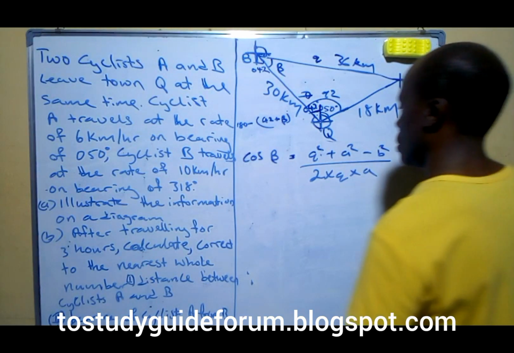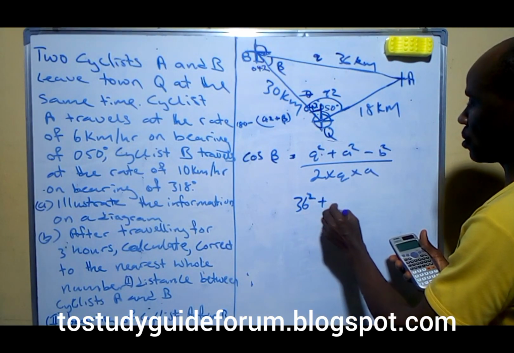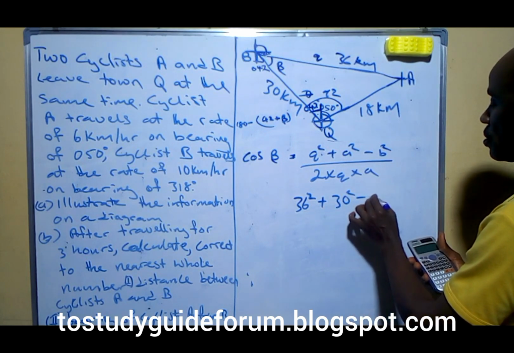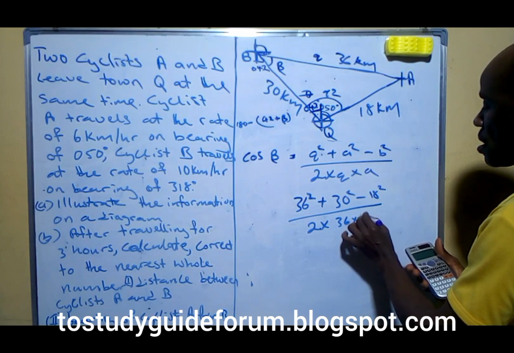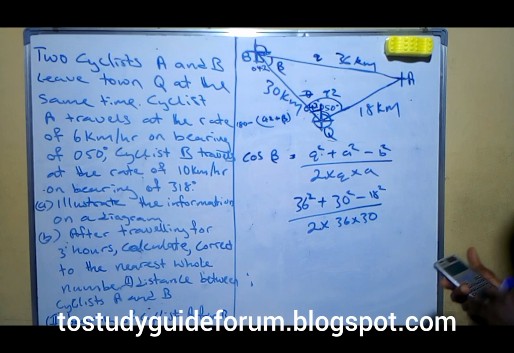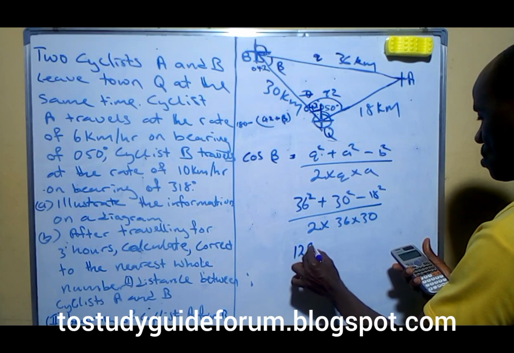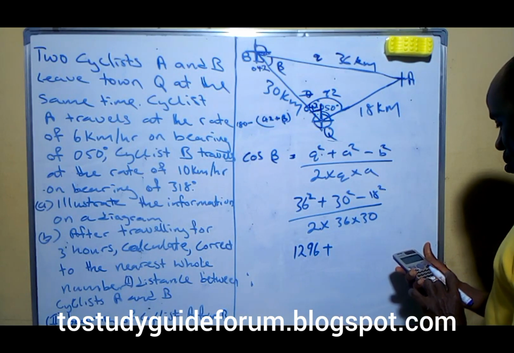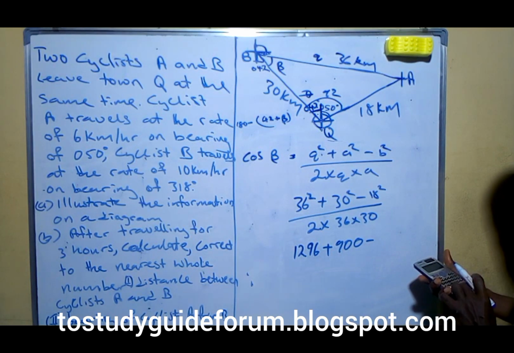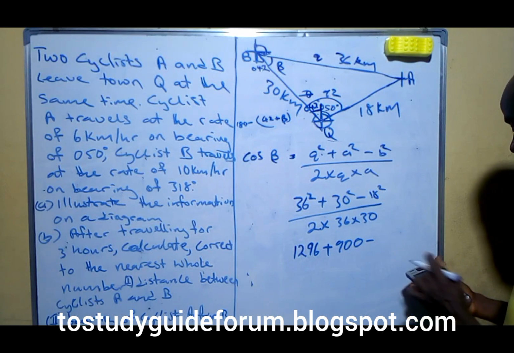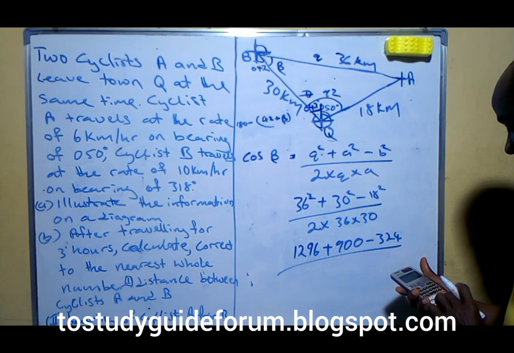That is 36 squared plus 30 squared minus 18 squared, all over 2 times 36 times 30.